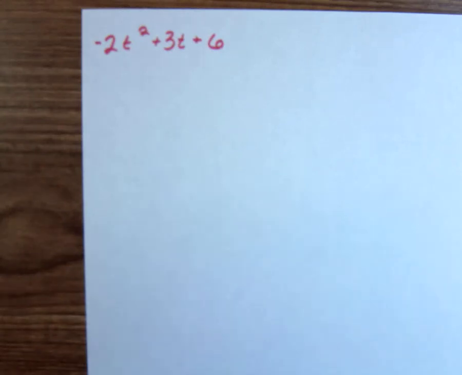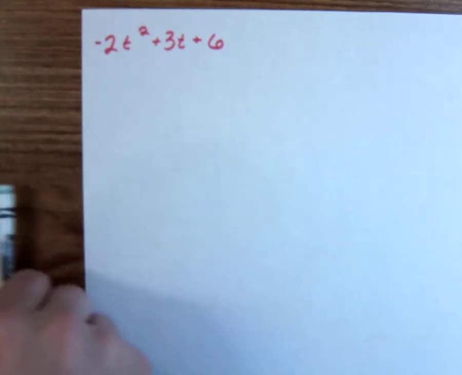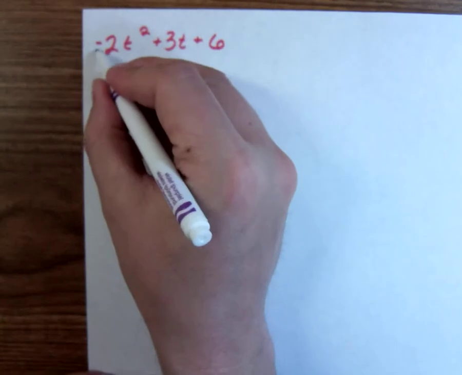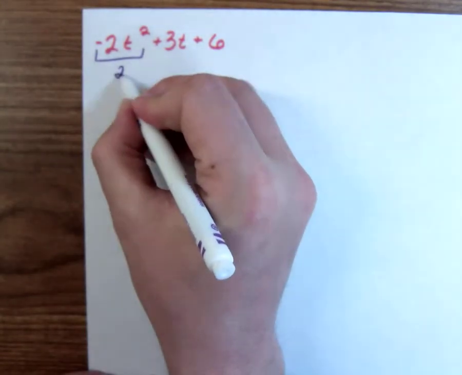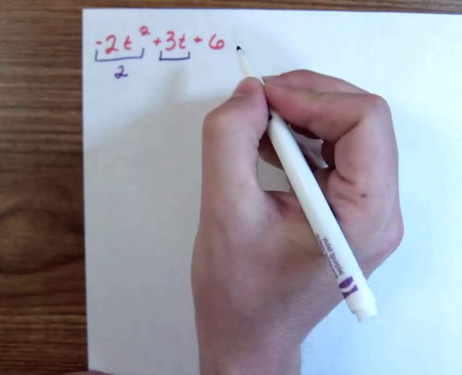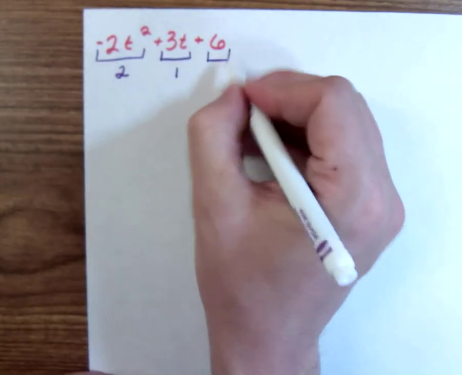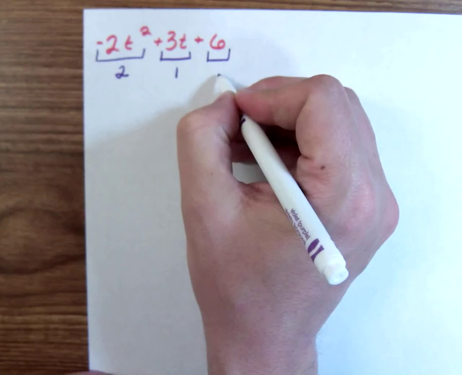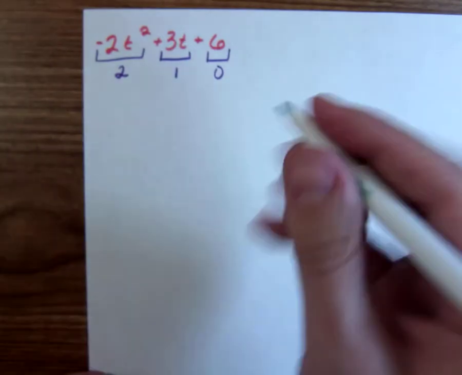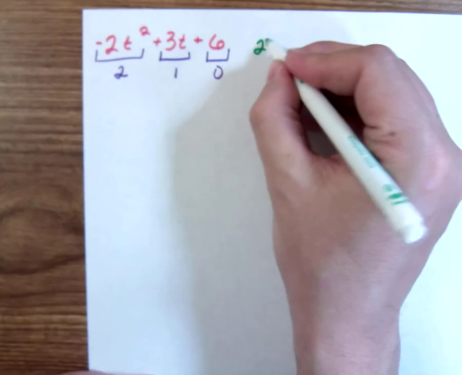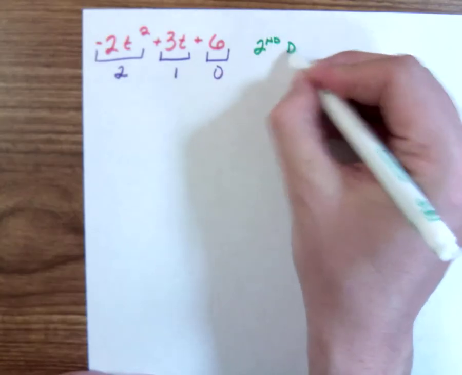So if we look at these terms one at a time, this first term, what's the degree? 2. What about this one? 1. And this one? 0, because there's no variables. So the highest we had was 2. So this would be a second degree.